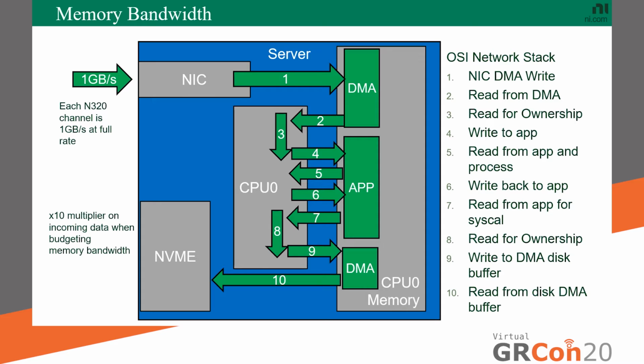So first, in order to even get the data to memory, we need to DMA the data from the device to a memory buffer, and that's done using the OSI network stack. It would get DMA'd to the kernel buffer that the device driver owns. That device driver would live in the kernel stack.